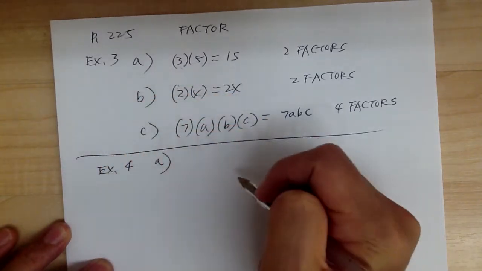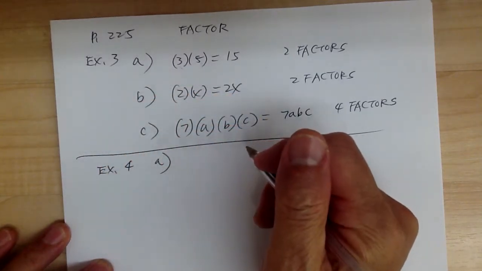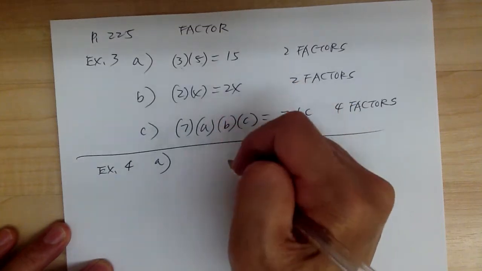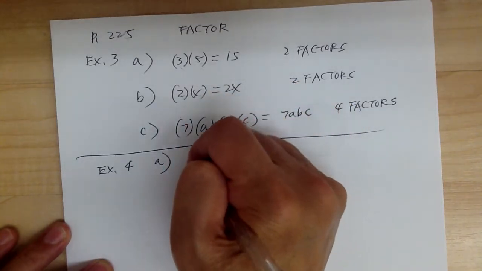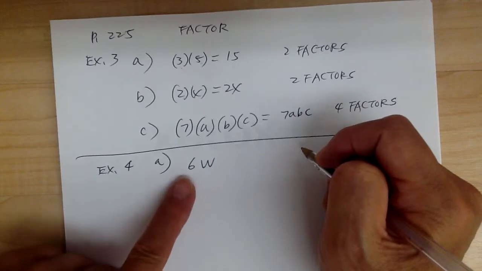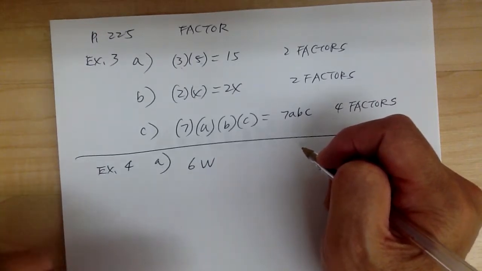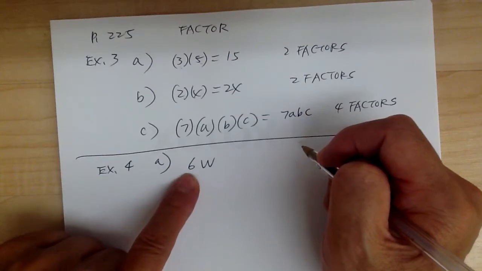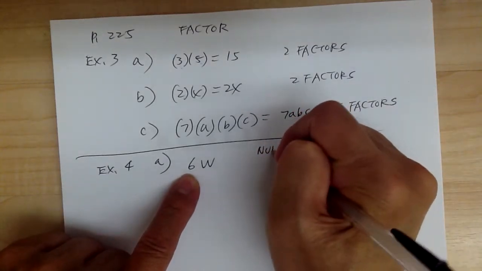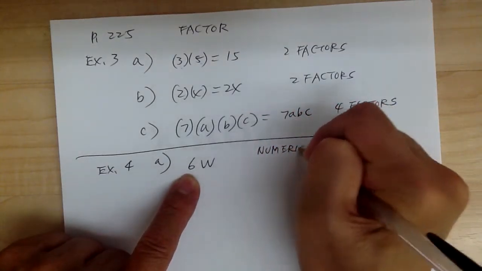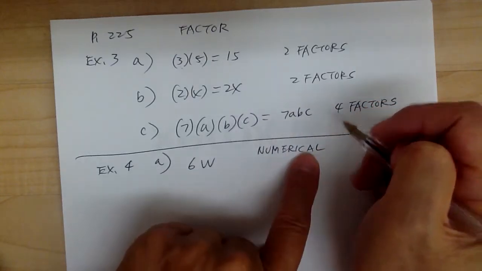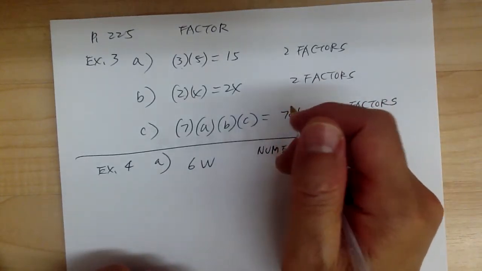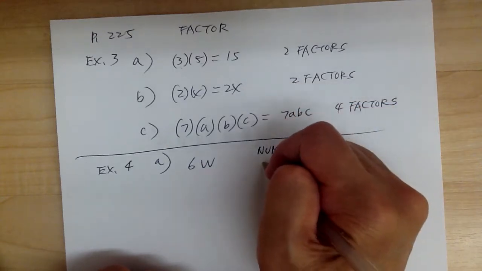A. The next one is the numerical coefficient. So 6w. Numerical means numbers, and coefficient means what is before the variable.